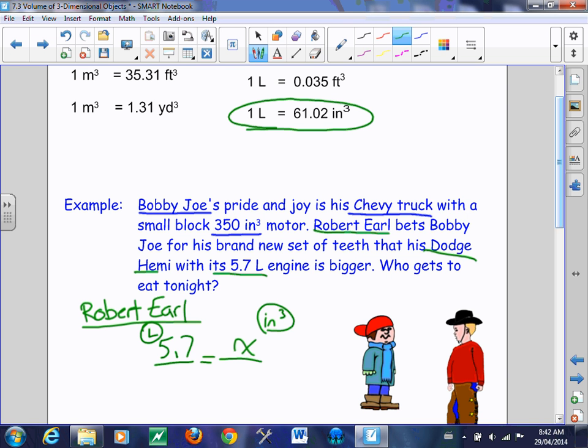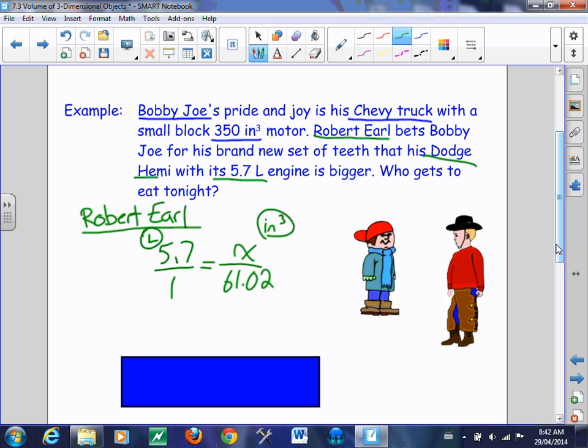So the 1 liter goes under the liter column, and the 61.02 goes over there. So cross multiplying, excuse me for sneezing there. When you cross multiply, you're going to get x equals 347.81 inches cubed.